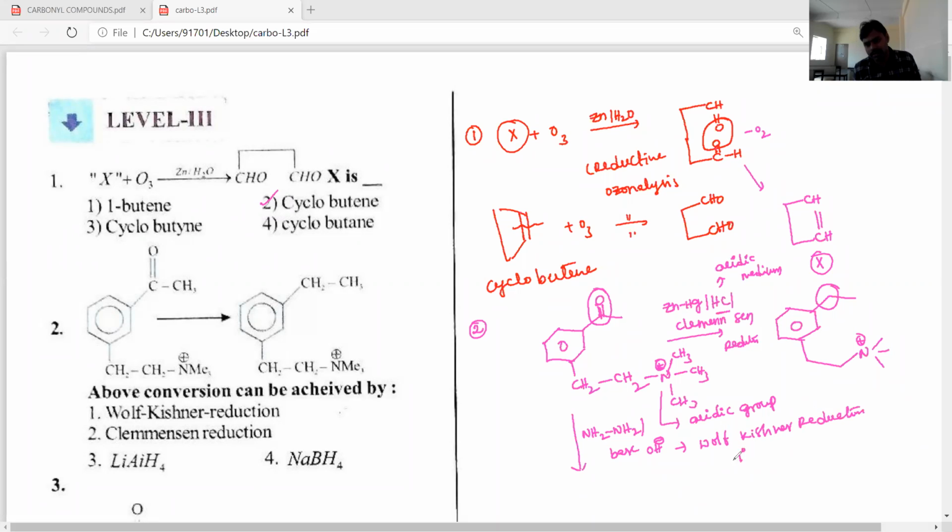The quaternary ammonium salt is converted into alkenes by the Hofmann elimination reaction, and the C=O group is also reduced into a CH2 group.